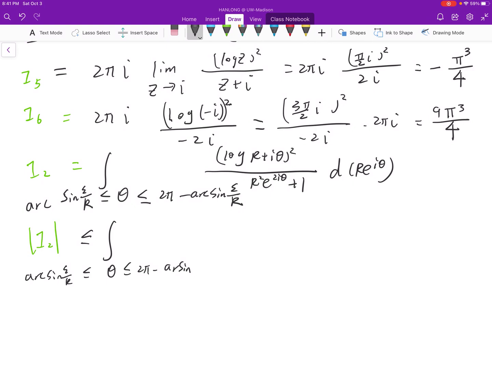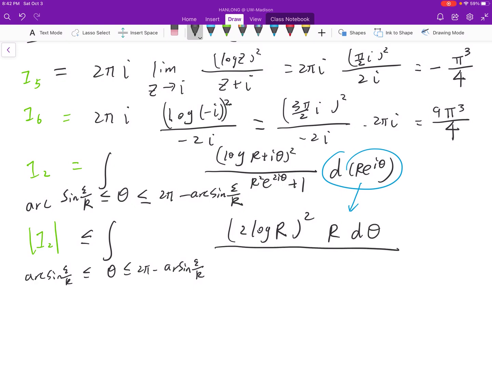Above, when r is large enough, of course log r will be greater than theta. So at least when r is large enough, you can bound the numerator by 2 (log r) squared, and this part can be bounded by r d theta.